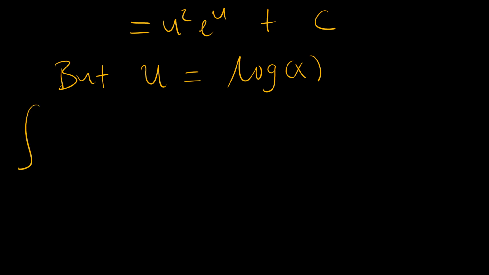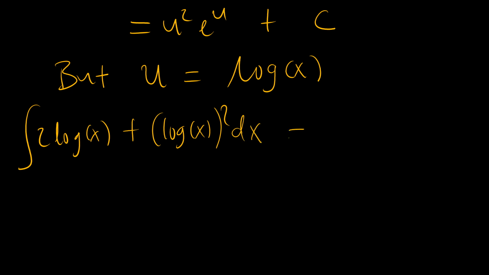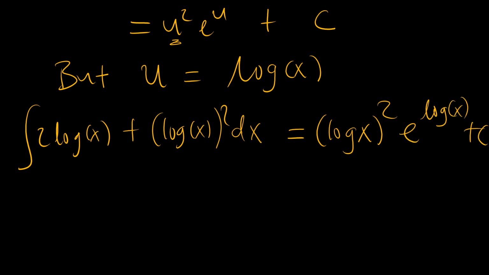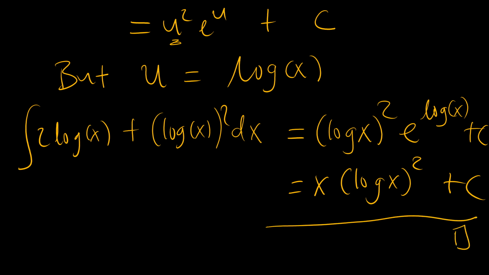So our integral of 2 log x plus log x squared dx is equal to log x squared in place of u, e to the power log x plus C. e to the power log x is the same as x, so in other words we have x (log x) squared plus C. And here, ladies and gentlemen, is our answer.